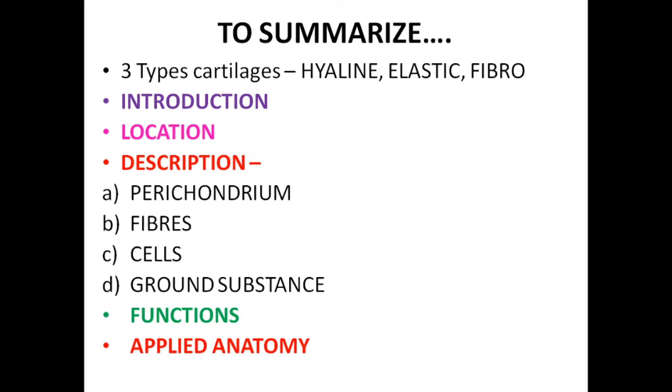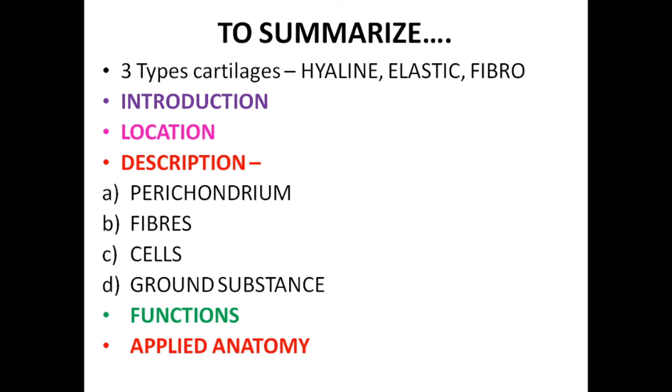Lastly, to summarize, as we have covered, there are three types of cartilages: hyaline, elastic, and fibrocartilage. In the exam, in theory, if any of these cartilages is asked, you can describe under the heading of introduction, location, then description, and under the subheadings of description, you can write about the perichondrium, fibers, cells, ground substance, then the functions of the cells, and lastly the applied anatomy.